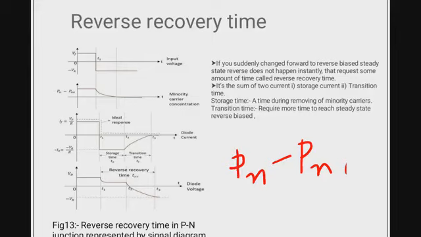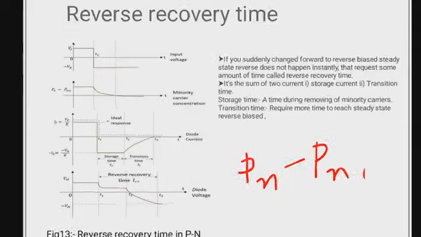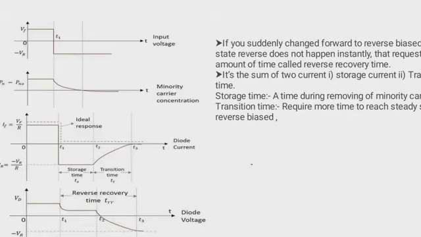Now in the second case, the input voltage suddenly changes towards the negative V axis, at t equal to t1.